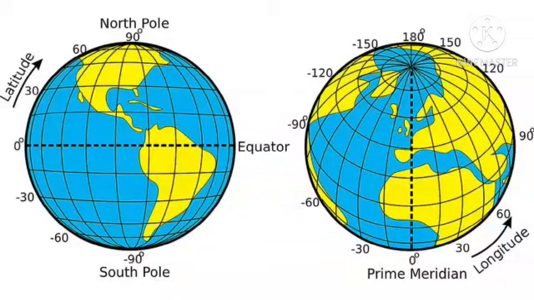The location of any region on the earth can be determined based on lines. These lines are latitudes and longitudes, isn't it? Here you can see an image of a globe. Observe the globe.